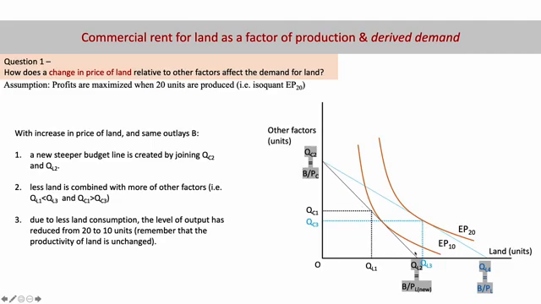So the black line is the new budget line if there is an increase in price of land. So an increase in price of land will result in a steeper budget line created by joining QC2 and QL2.